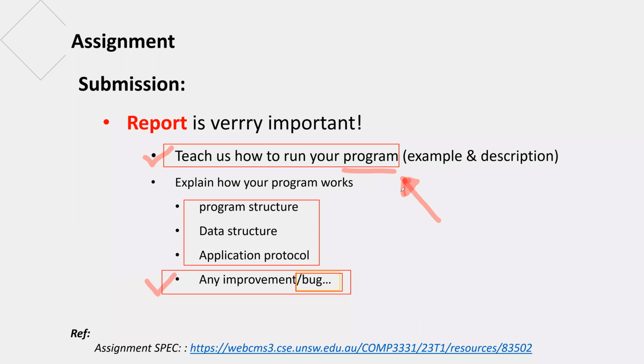But if you do have some trouble running your program, then you may have lots of trouble, as we need to send an email to you or something like that. So make sure you have that report and it's a free mark.